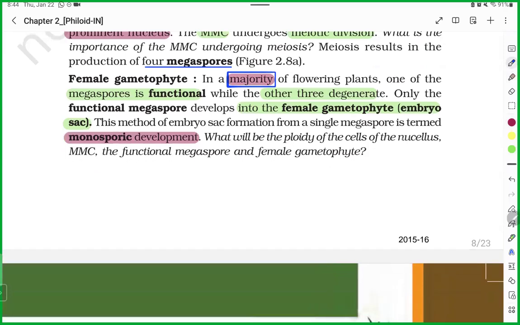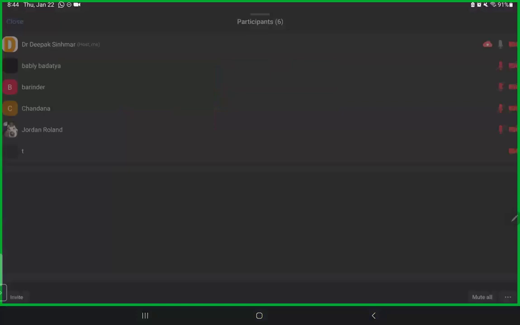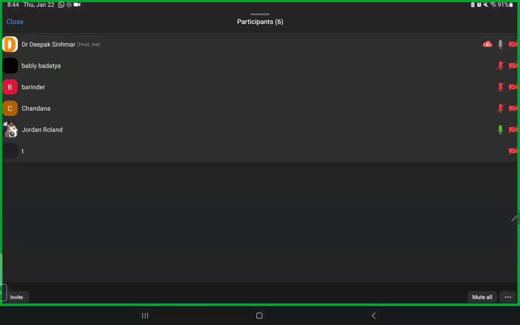Let me ask one by one. Pratigya, what is the ploidy of the cell of nucellus? Pratigya, are you there? So your voice is breaking.